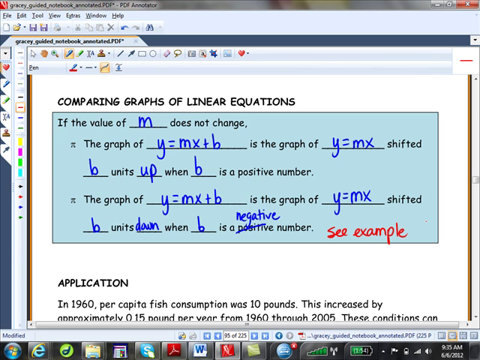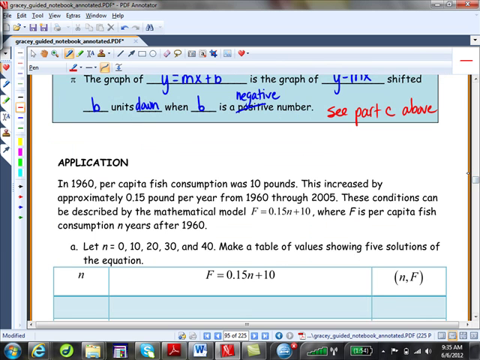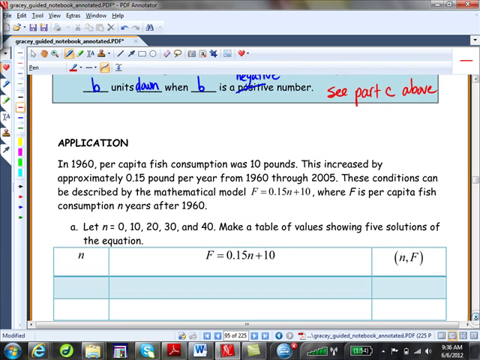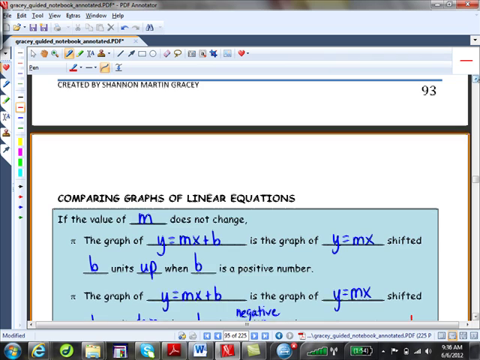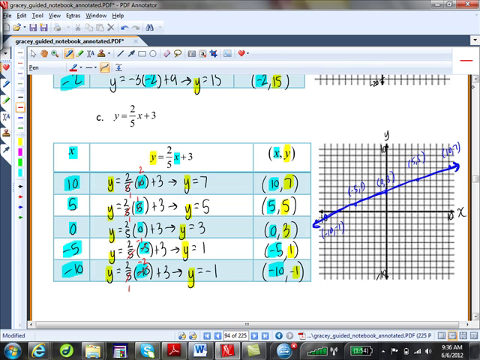Example C above. Okay. So let's come up here. And what I want to show you is this.